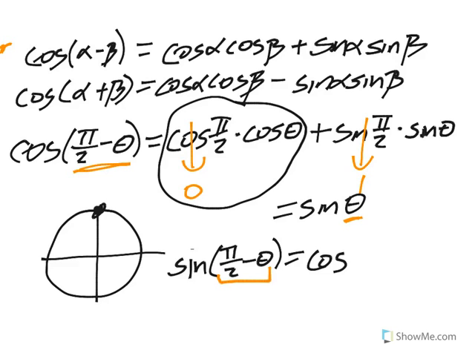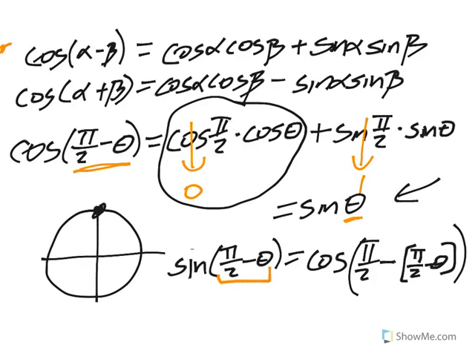That's going to be cosine of pi halves minus that angle. So I kind of use this first thing that we got, that cosine of pi halves minus any old angle is sine of that angle, and then twisted it and said, oh, I'm going to call this the angle. Maybe I should call it alpha instead of theta, so that it doesn't get confused with that other thing. But, you know, sine of some angle, according to this one we just did, is cosine of pi halves minus that angle. Well, this simplifies.